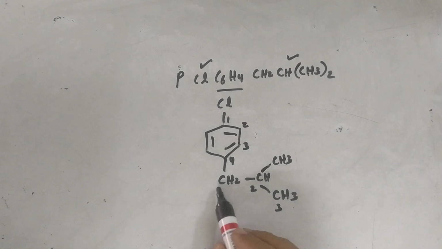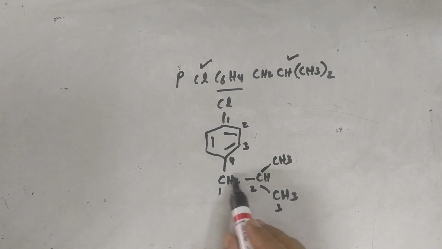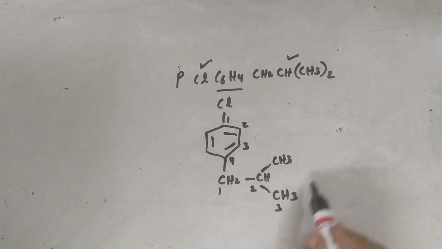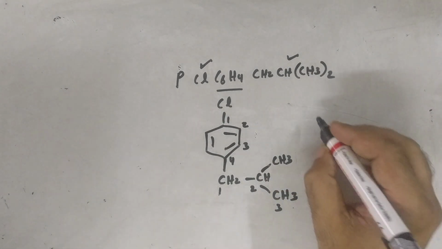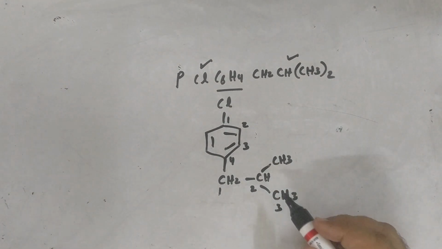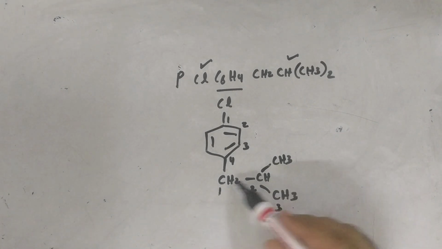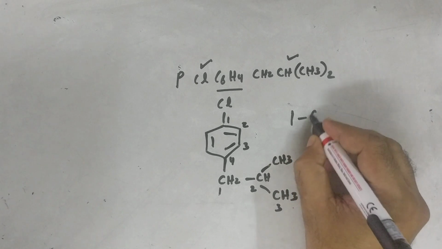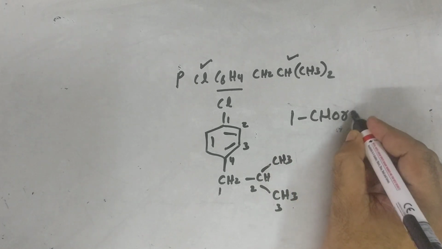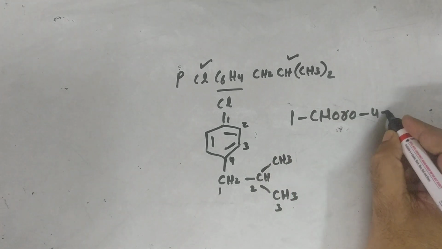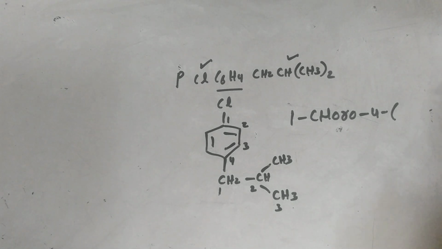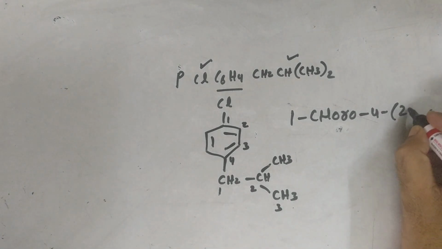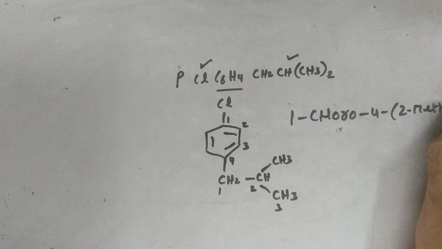It has to be numbered from the carbon attached to the benzene ring. This numbering has to be separate, or you can call it isobutyl. Choice is yours. But better, since you're giving IUPAC name, better name it as 2-methyl propyl. So we have 1 chloro. First position has a chloro. Fourth position has, within brackets we write the name of the group. Fourth position has a group 2-methyl propyl.